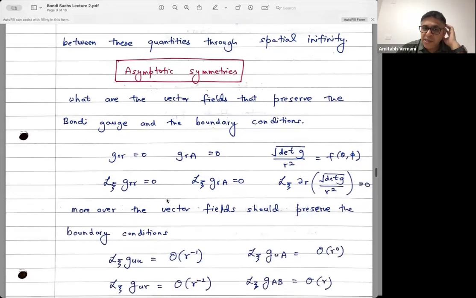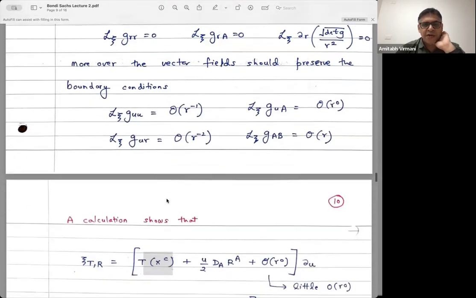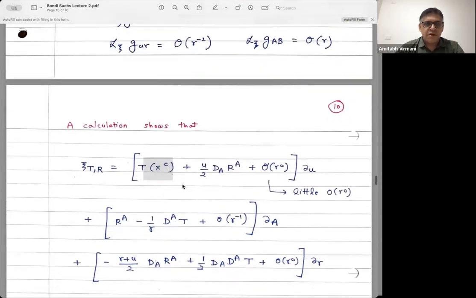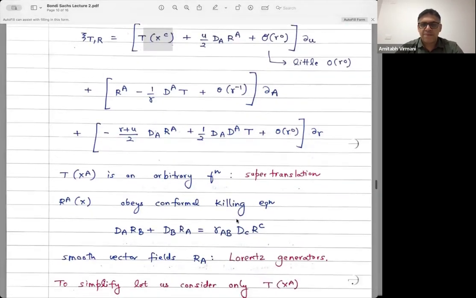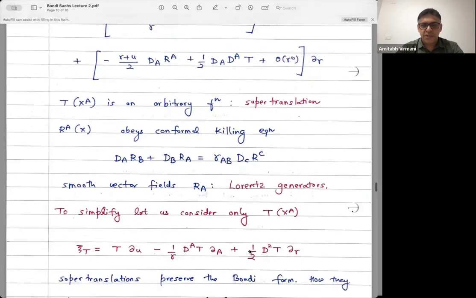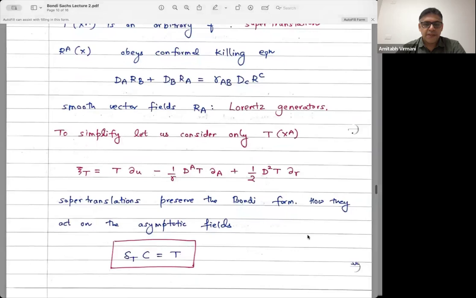What people have discussed is that these super translations correspond to some memory effect. But that is some topic that I will not discuss in this lecture. I have not prepared slides on that. So the physical interpretation of supertranslation charges is not completely straightforward.